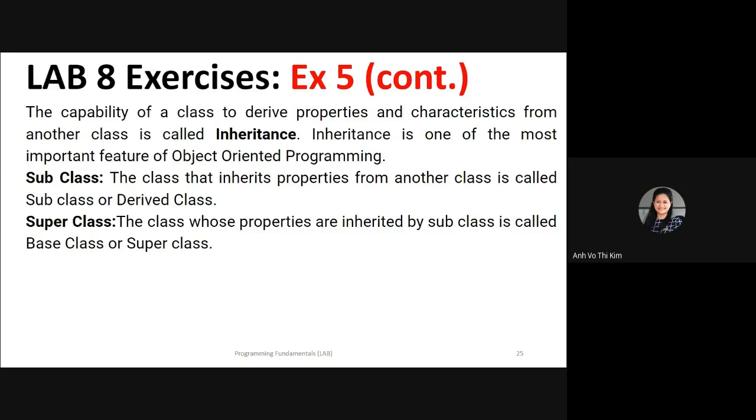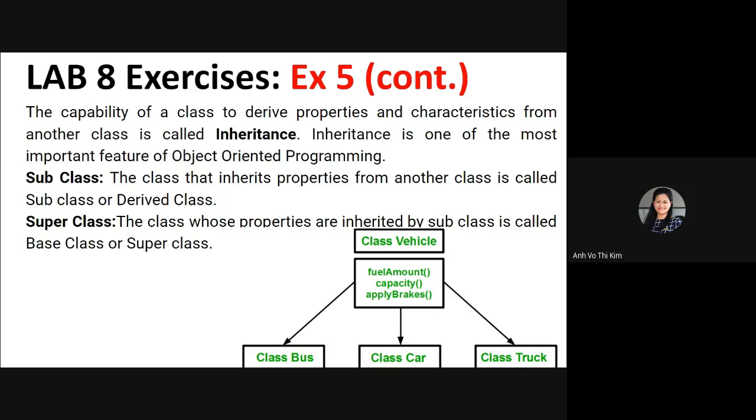Derived from the super. So here is the example you can see on the screen. Here we have the super class named Vehicle. We have member variables, and also we have three functions: fuel amount, capacity, apply brakes.